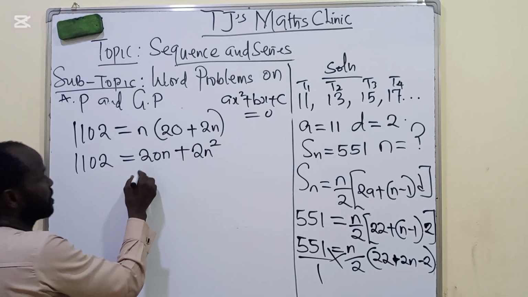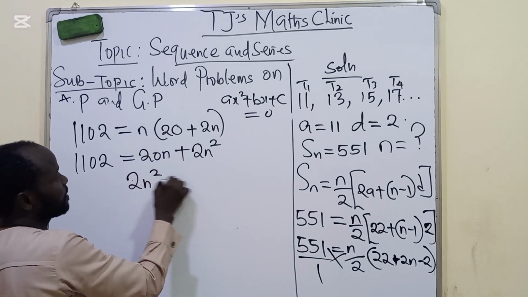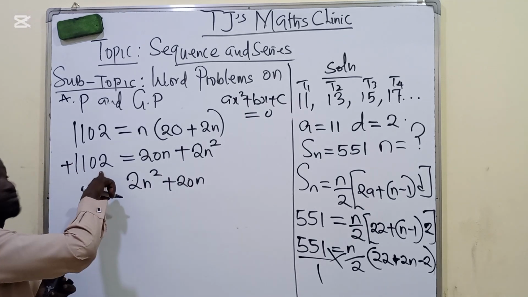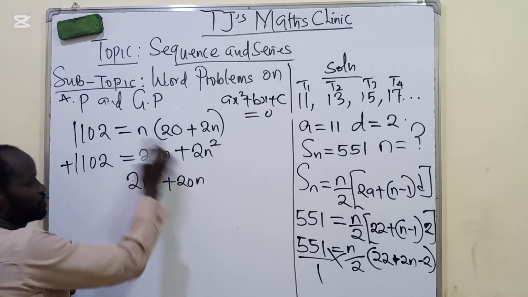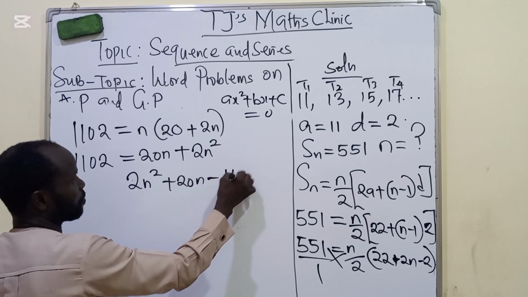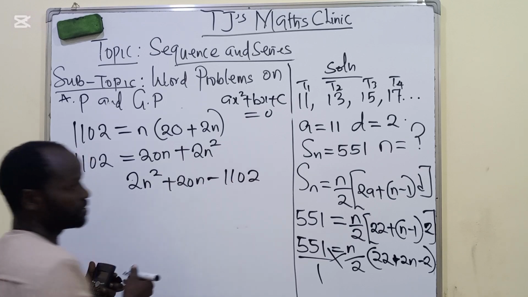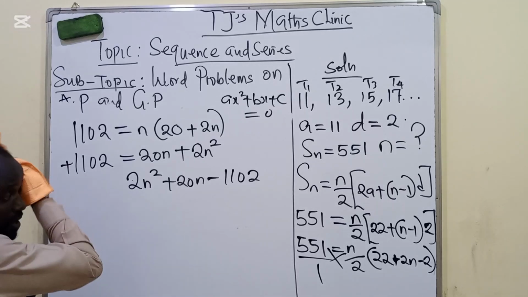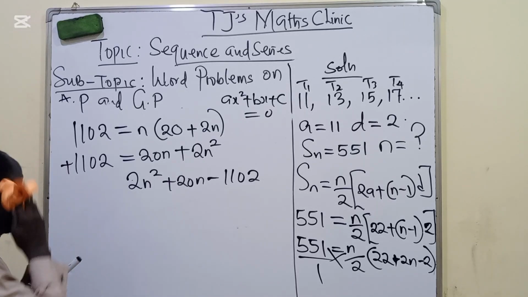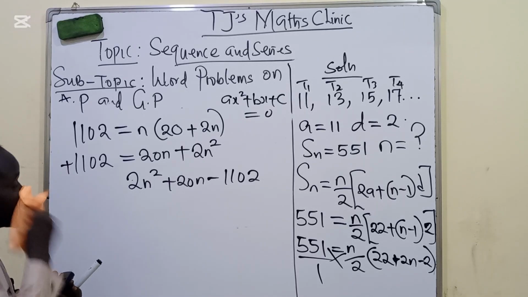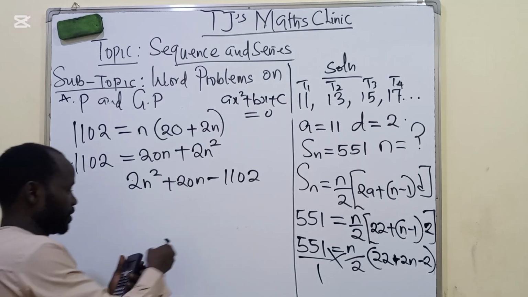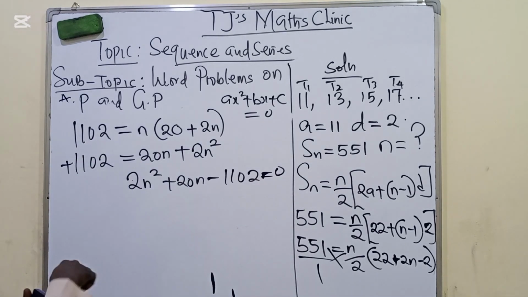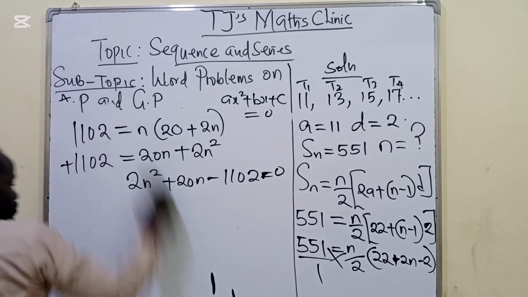So we have 2n squared plus 20n, and when 1102 crosses the equal sign, it will be minus 1102. Okay, hope we're together. The next thing to do is to see how we can factorize this. Let's equate this to 0 and see what we can do.